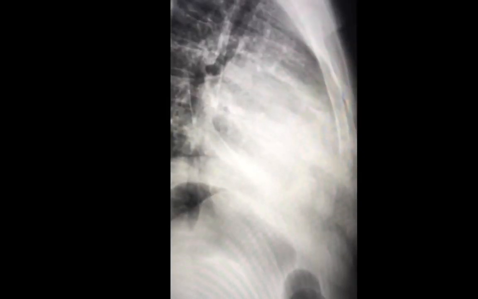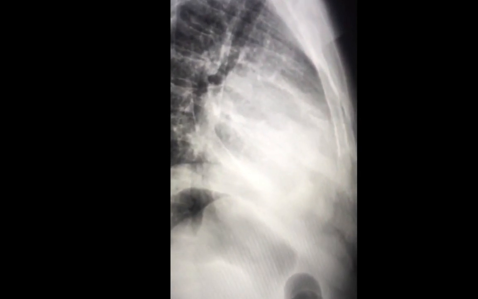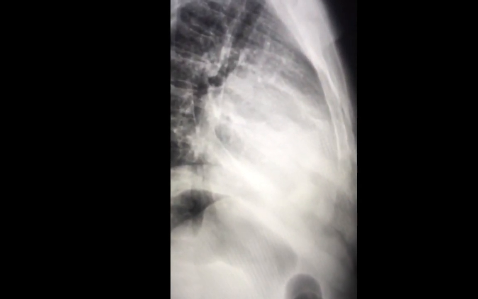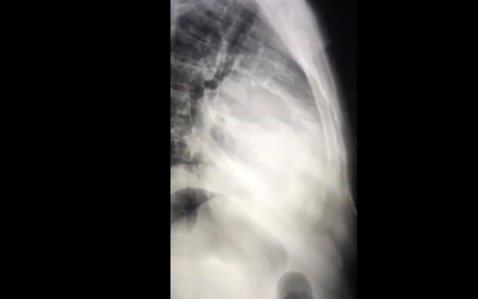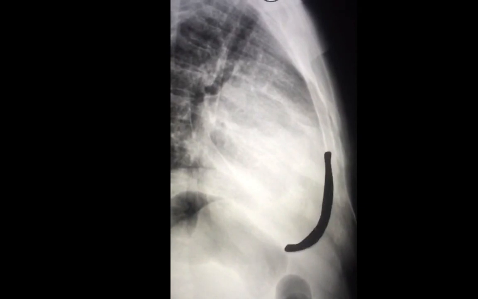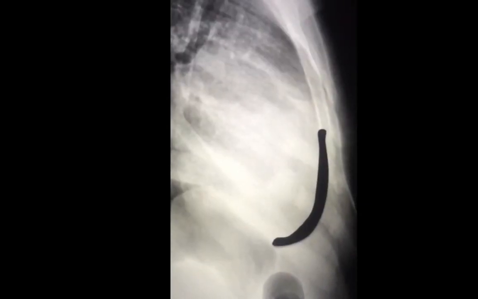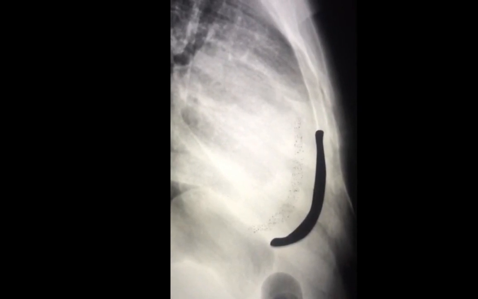Now let's look at the lateral chest radiograph again, where I will give you the chance to translate what we saw on the CT scan on this image. Looking carefully at the lateral chest radiograph, you will notice that there is an area of lucency here and another similar area of faint lucency here.